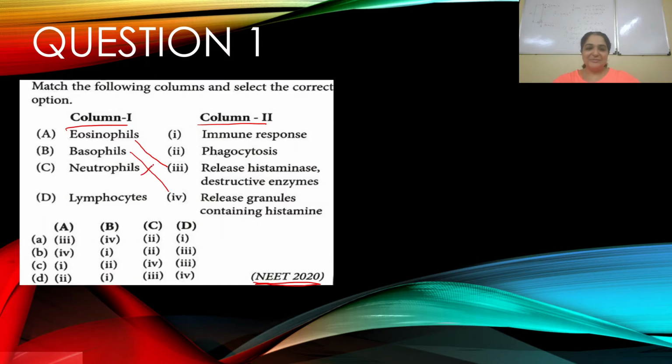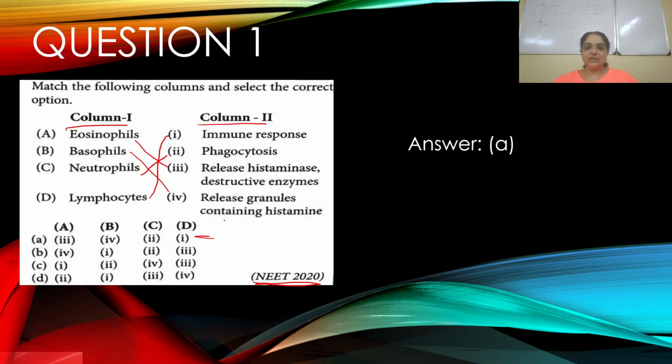So C2 is the right answer for neutrophils. Lymphocytes, they participate in immune response. All right, so your answer should be A3, B4, C2 and D1. So your answer should have been A.